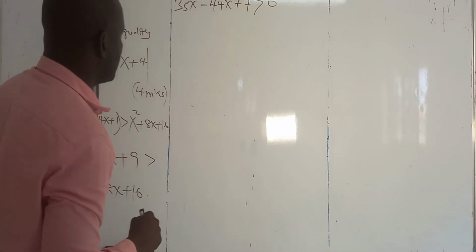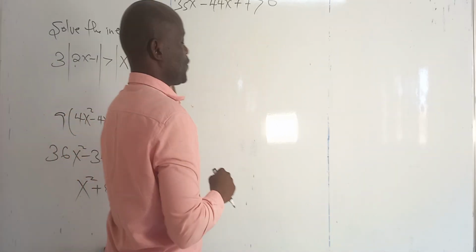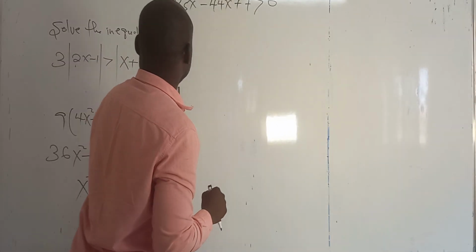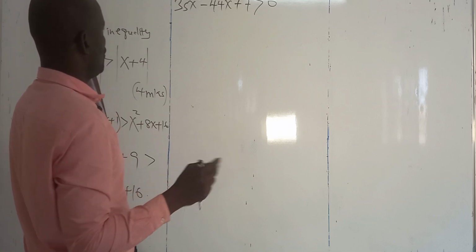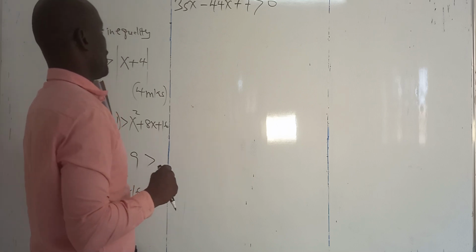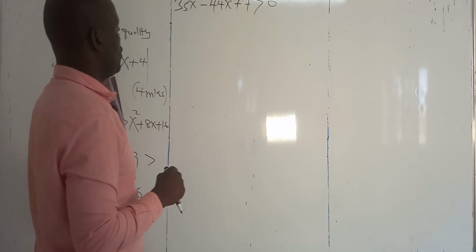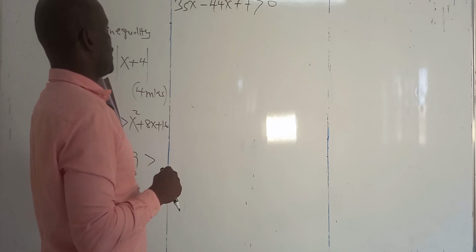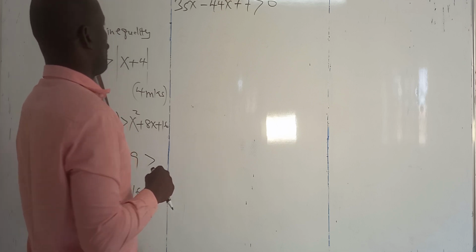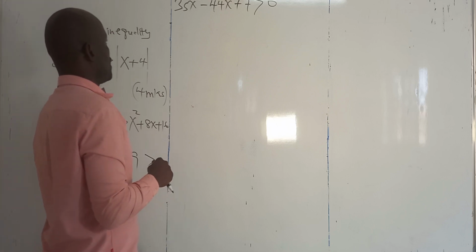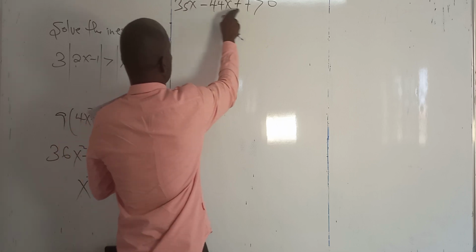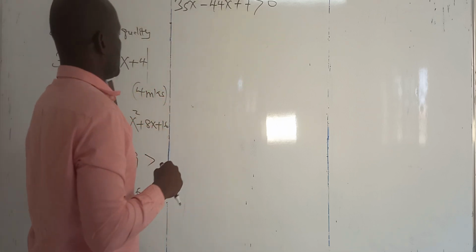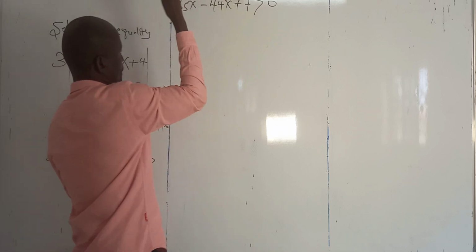So the next thing is to factorize, because if you look at this question, it's quadratic. We only have two options: either to solve using the quadratic formula, or to find two factors whose product should give me 35 times 7, and sum should give me negative 44.